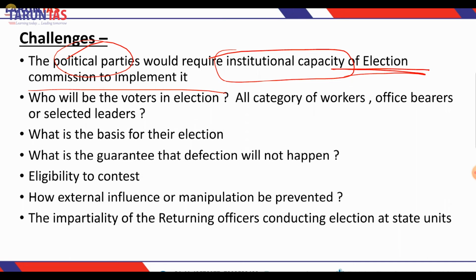Currently, today being the 17th of October, the Congress party is undergoing an election for its party president, and two leaders are contesting: Mallikarjun Kharge and Dr. Shashi Tharoor.